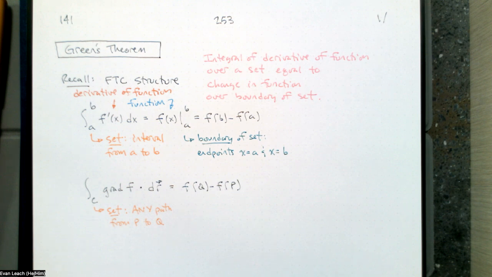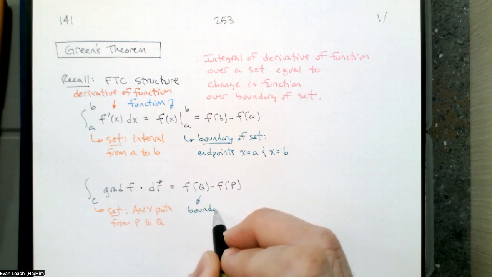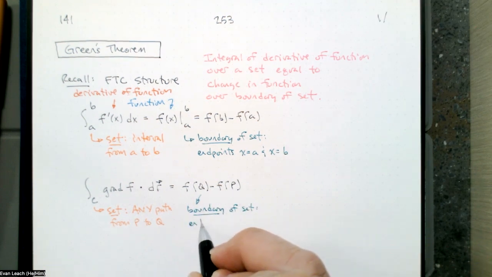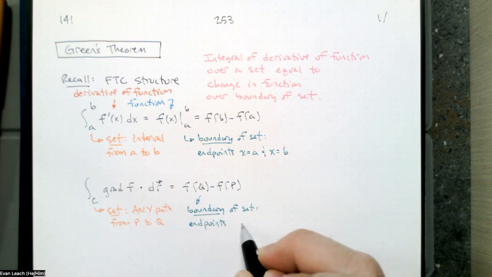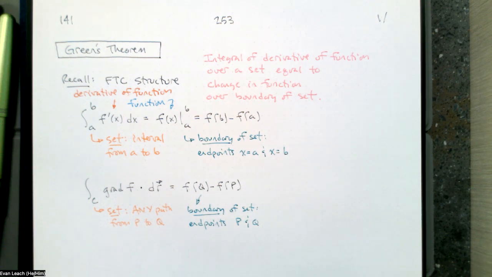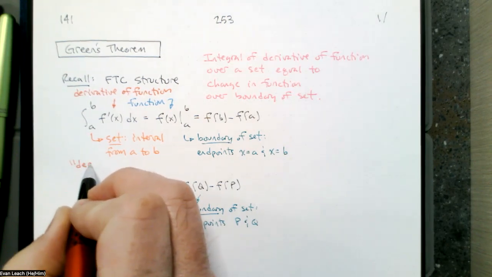The boundary of the set is the endpoints P and Q. The derivative of the function is the gradient. So the gradient is standing in for the derivative of the function. So I'm going to put it in quotes in case anybody thinks I'm being fishy.